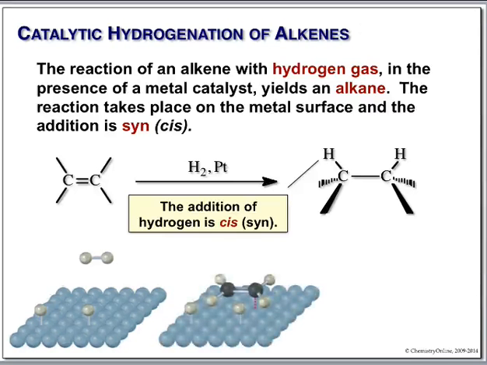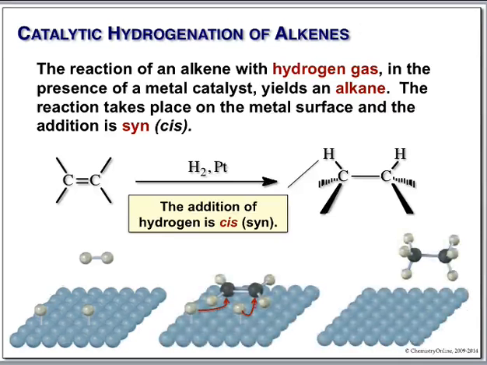Step 2, the alkene with its pi system comes and it sits down on the platinum surface. Platinum surface likes electrons. So this comes and it just sits down. Now these two discover each other, sitting next to each other.